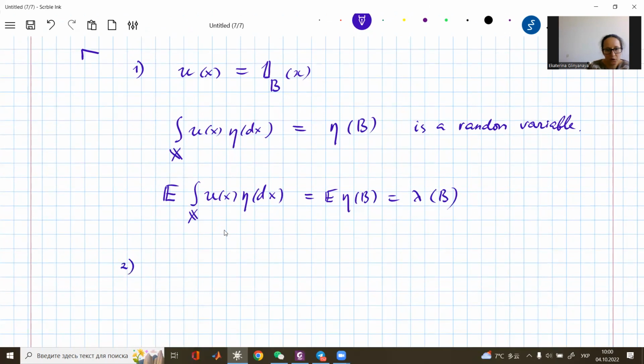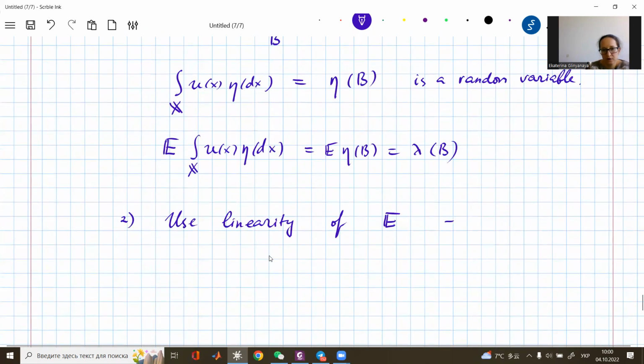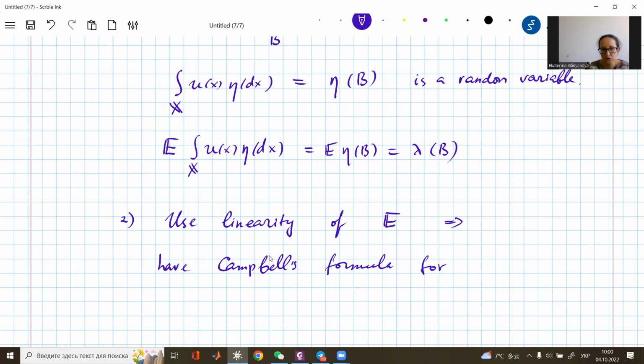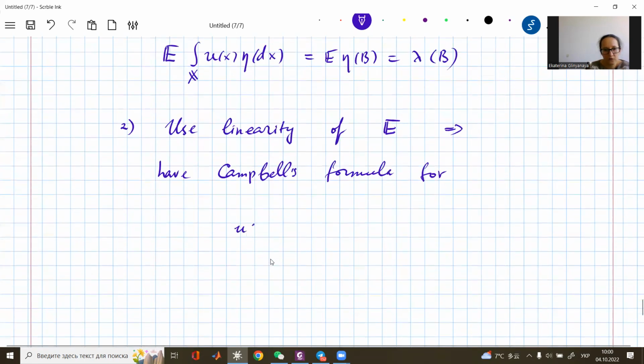Now the next step, we use the linearity of expectation, in order to have the formula for functions of the form u(x) equal to the sum of a_k times the indicator of B_k at x, k from 1 to n.